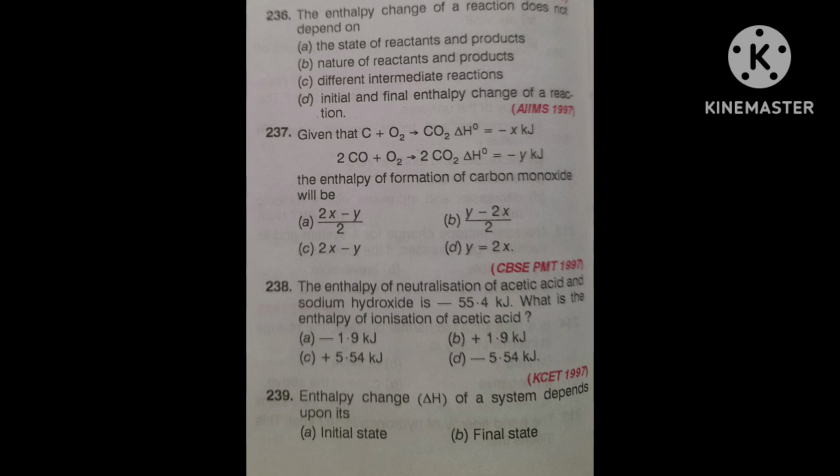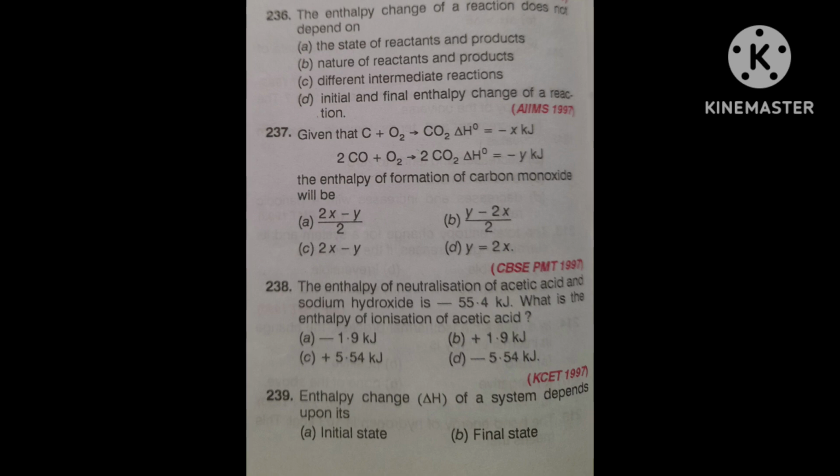The correct answer is plus 1.9 kilojoule. Why? You know that for a strong acid and a strong base, the heat of neutralization is 57.3. But in this case the acid is weak, the base is strong, and the given value is minus 55.4 kilojoule, which is less than 57.3.